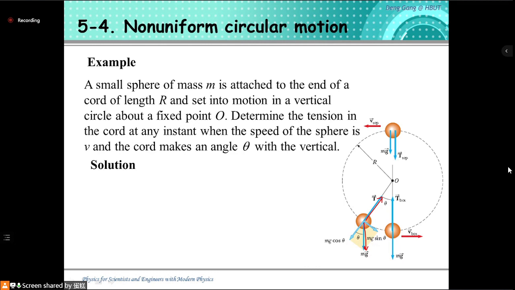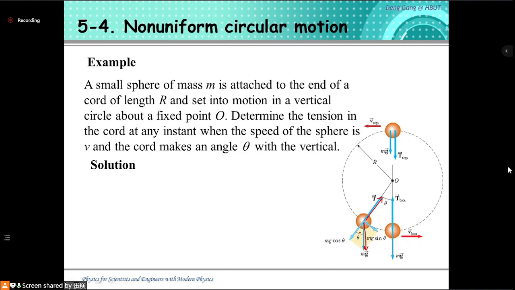And we are going to resolve it into components along the radial direction and tangential direction. So T, the tension, is already in the radial direction, and we need to resolve this mg into tangential direction and radial direction.